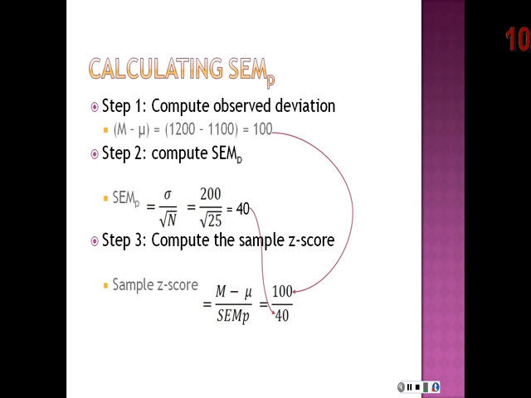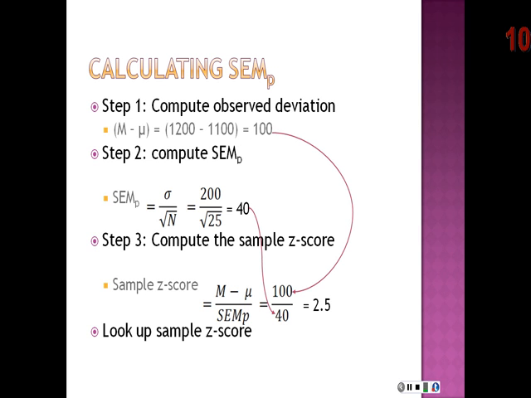So it's these two equations put together: the sample mean minus the population mean divided by the standard error of the mean. And so what we have here is 100 divided by 40, which gives us 2.5.